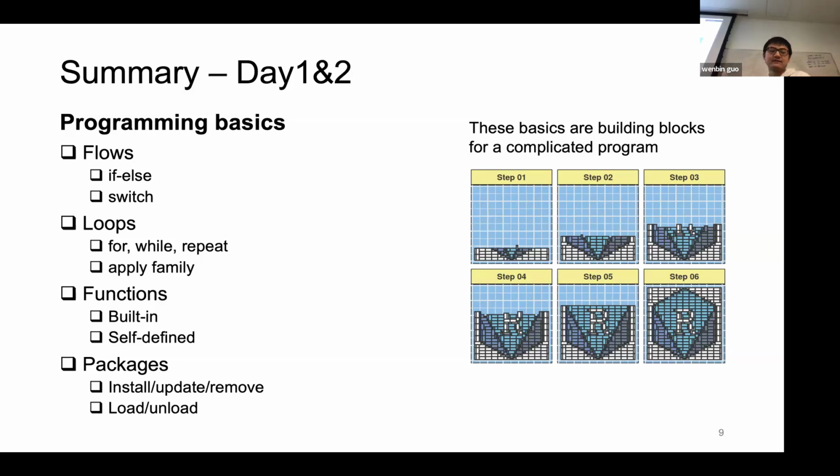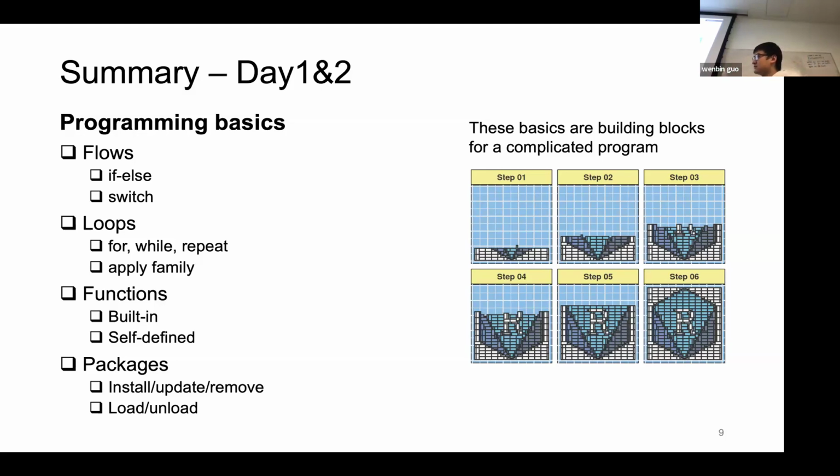The apply family is usually preferred over the for loop or while loop because it offers a much cleaner way to do the operations, and sometimes it is much faster than writing a for loop. If you have the choice, I would suggest going for apply first. If apply is not enough, then try other loops.